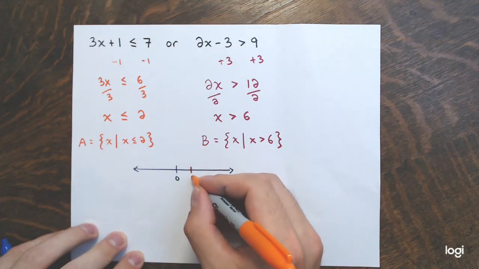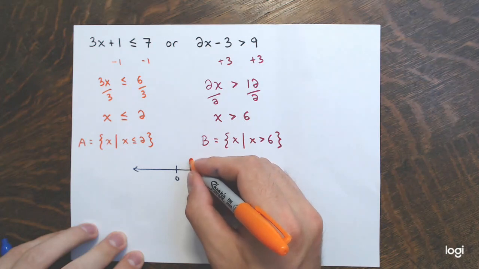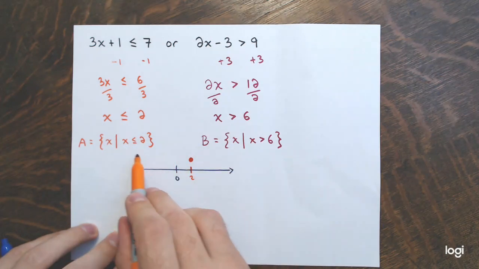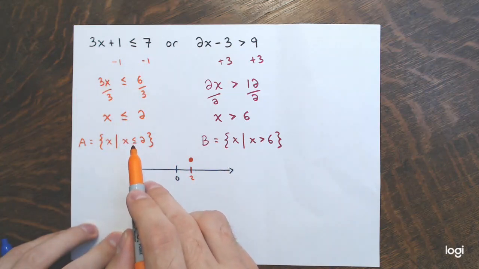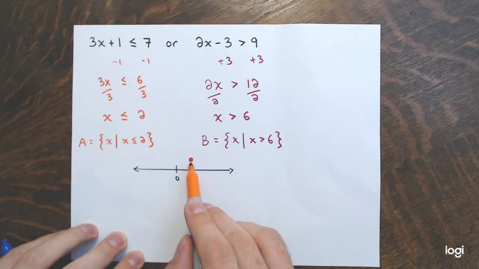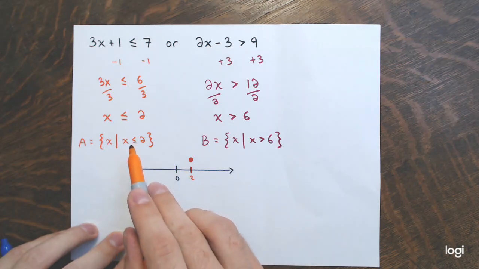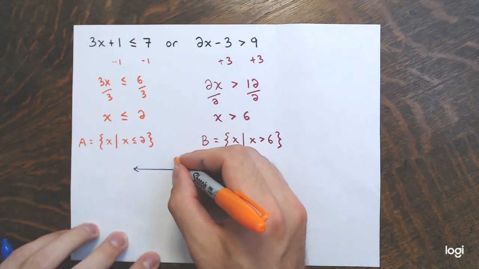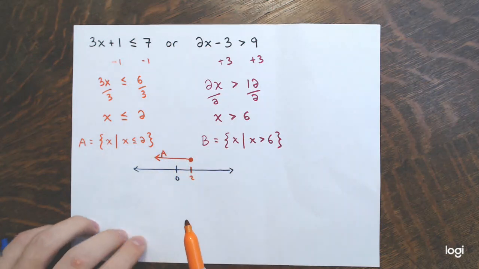So here's 2, to the right of 0. 2 is actually a solution this time. 2 is in there. 2 is a solution to this first inequality because it's all the numbers less than or equal to 2, and 2 is equal to 2. So I put a solid point, or you could put a rectangular bracket, to indicate that 2 is a solution of this first inequality. And then all the numbers less than 2 are to the left of 2, right? So there's set A, drawn in a picture.